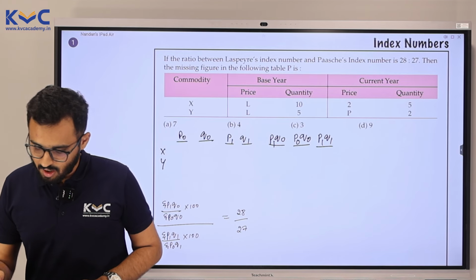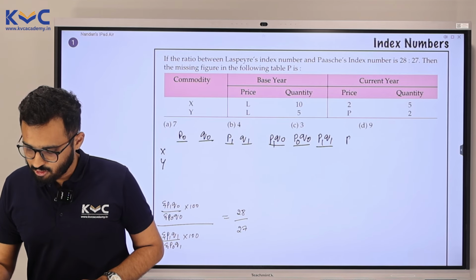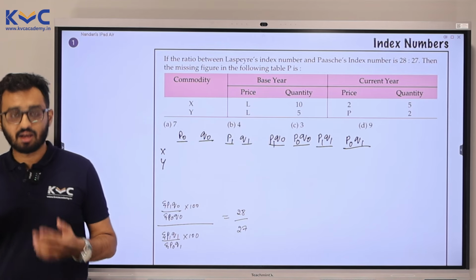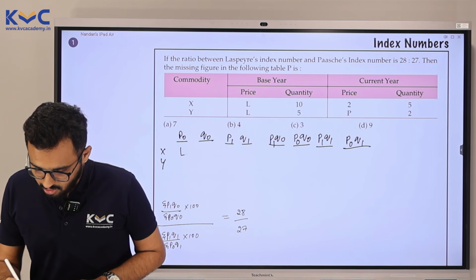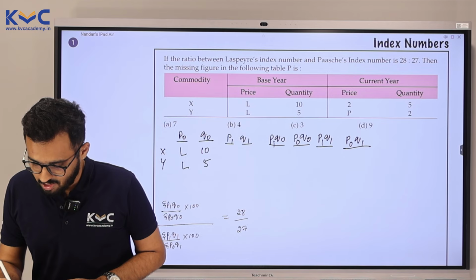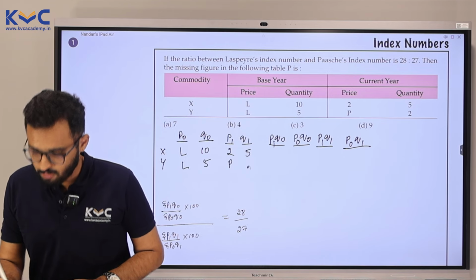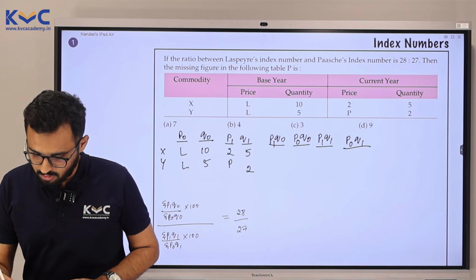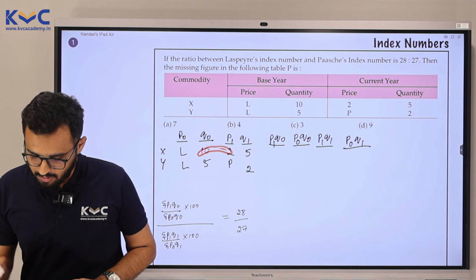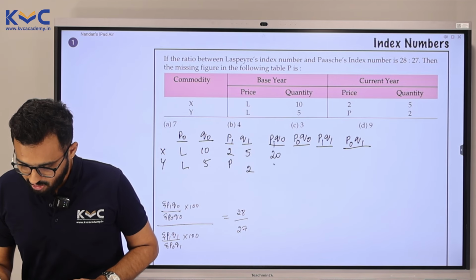I'll keep it here, P1 Q1 and then P0 Q1. So I'll need all these four varieties, right? So let's come up with that. L, 10, 5, 2, P, 5, 2. P1 Q0 is this one, P1 Q0 is 25P.